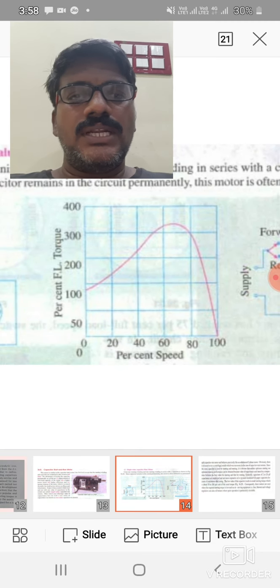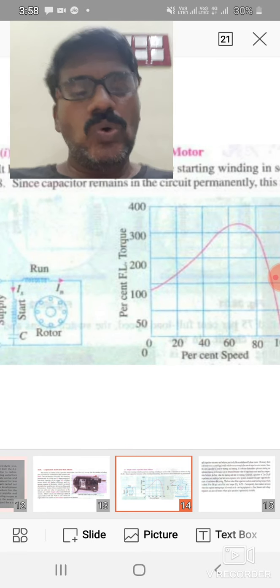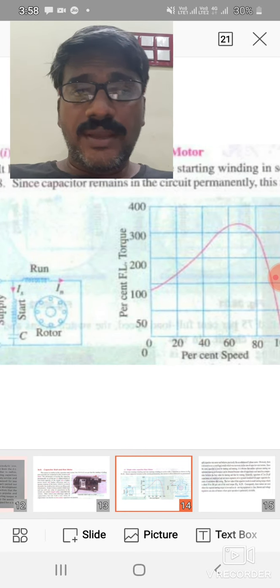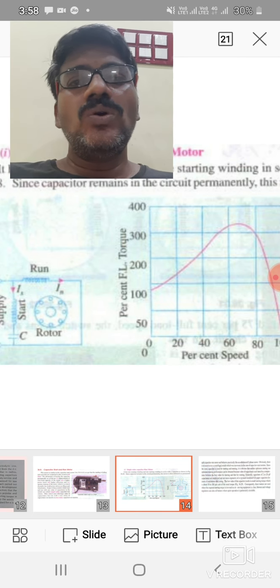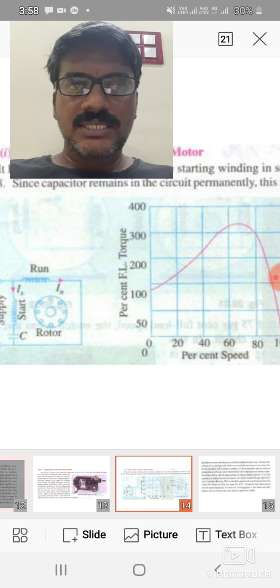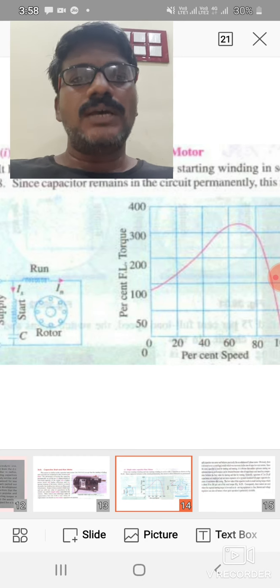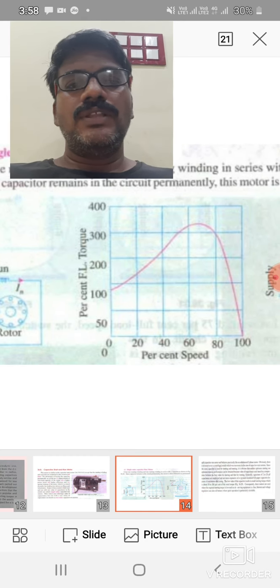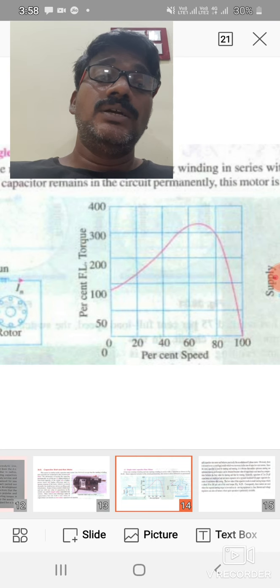Here the speed torque characteristics, because of the low value of capacitance, what happens at starting is that the starting current is a little bit less when compared to the capacitor start motor. Right, by observing the phasor diagram and speed torque characteristics, in the capacitor start motor we get high starting torque, 3 to 4 or 4 to 5 times the full load torque.